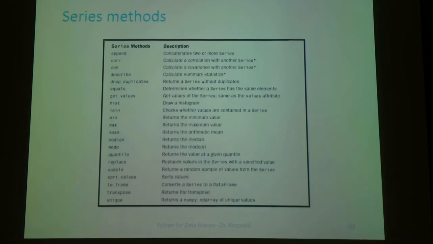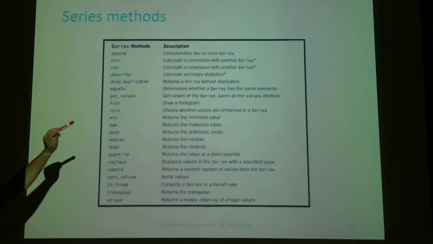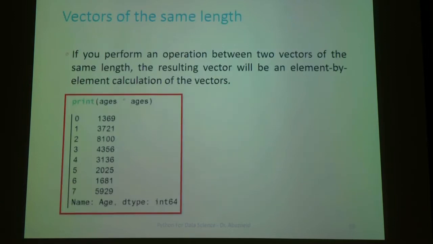These are the Series methods that you could use. There are so many Series methods, and you could apply any of them on any Series if it's applicable. If it's an integer, for example, you could use minimum, maximum, mean, median, mode, quartile. And there is append, describe. What does describe give? It gives you all the statistics.